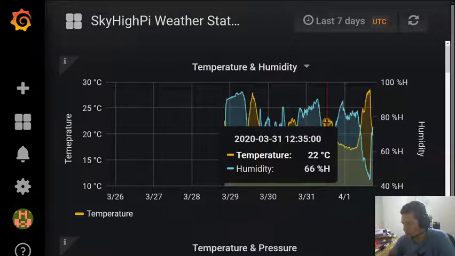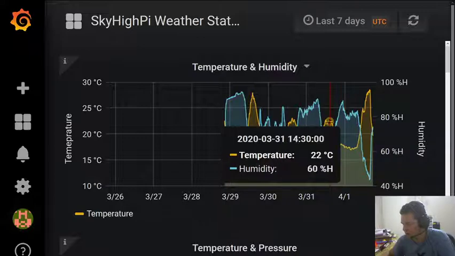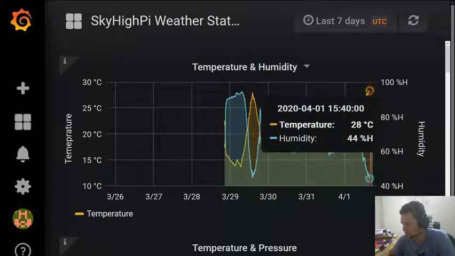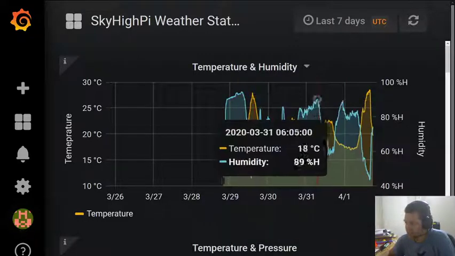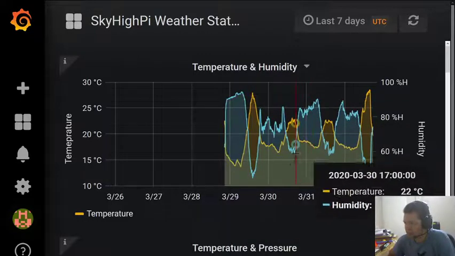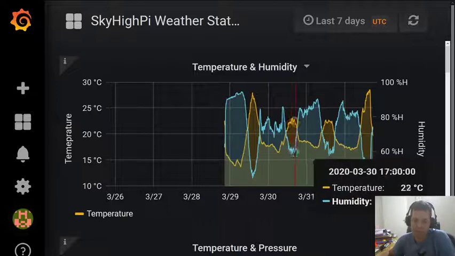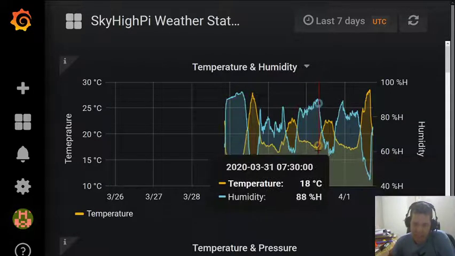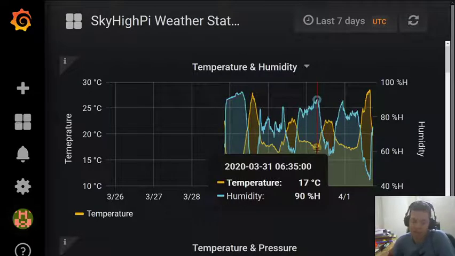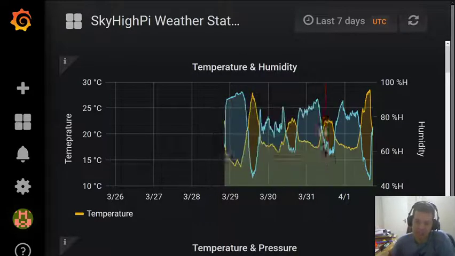That was at 2:30 in the afternoon, and this was at 20 to 4. Those big peaks of high temperature correspond to these very low troughs of relative humidity. So in the middle of the day when it's very hot, the relative humidity is really low. And at night when the temperature is low, the relative humidity gets high.